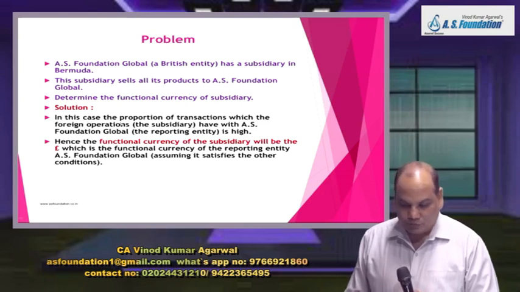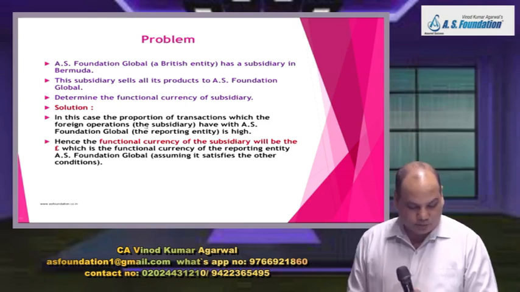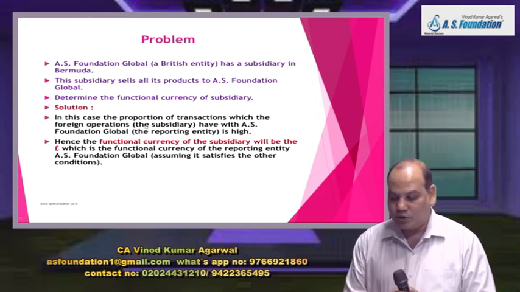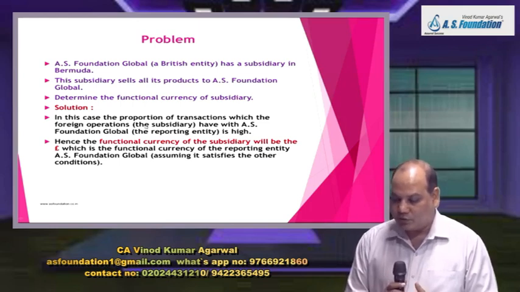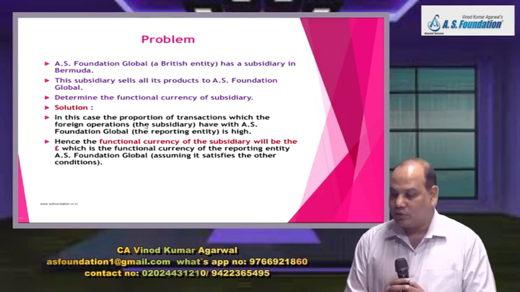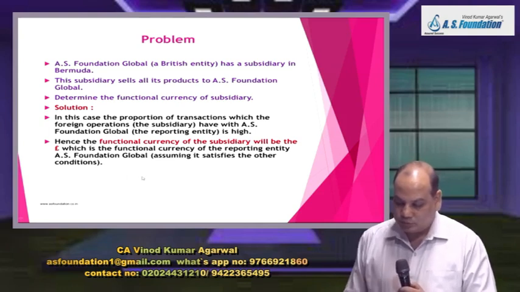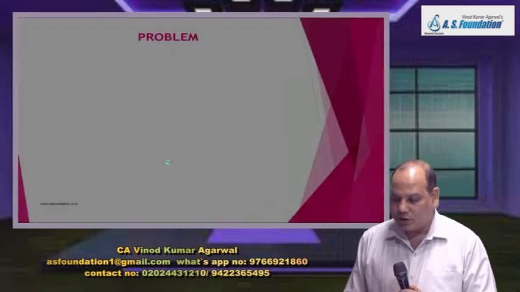Is it right? So the answer I have written: in this case, the proportion of transactions which the foreign operation has with AS Foundation Global, that is the reporting entity, is high. Hence the functional currency of this subsidiary will be pound, which is the functional currency of the reporting entity, AS Foundation Global, assuming it satisfies the other conditions also.